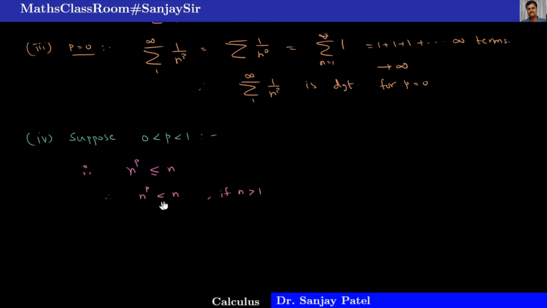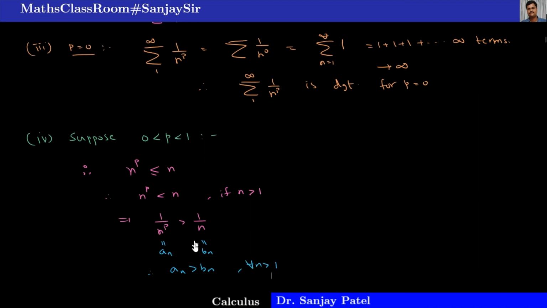So n raised to p is less than n. So this implies 1 upon n raised to p is greater than 1 upon n. So you can say this is your an, this you can call as bn, and what we have is an is strictly greater than bn for every n greater than 1.